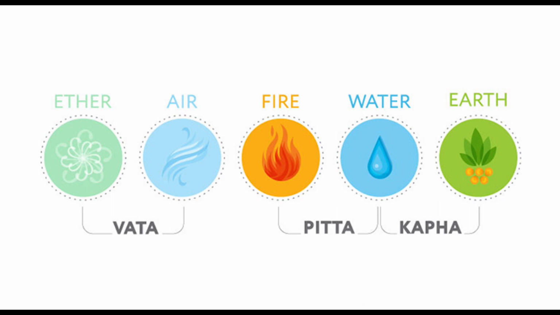Now every time the process is happening, some component which is not able to be converted into rasa, that is still the essence remaining, right? That essence will be passed on to the next tissue. From that, whatever component of rakta is formed, that is formed. The remaining essence is passed on to the next tissue, next person.